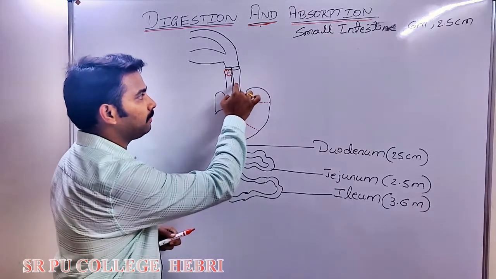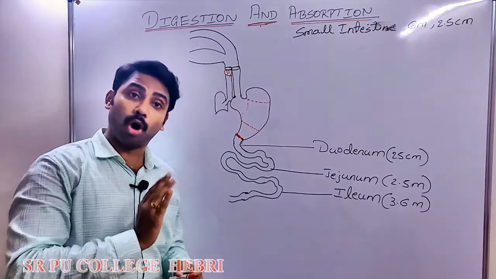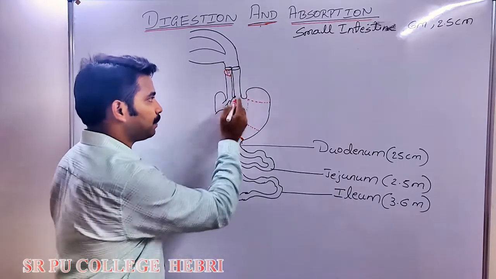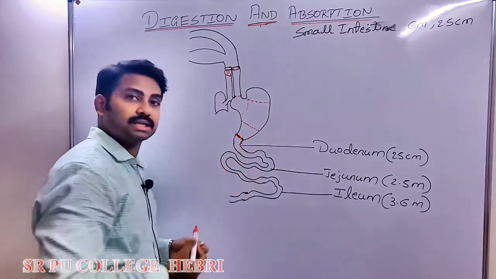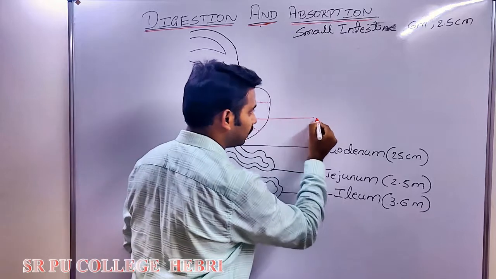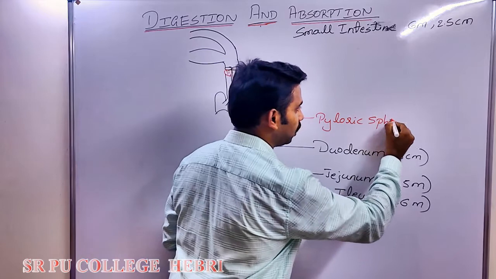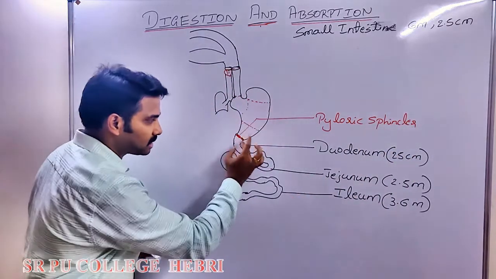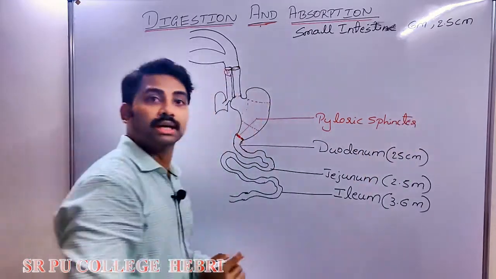The lower end between esophagus and stomach has the lower esophageal sphincter, or gastroesophageal sphincter, or cardiac sphincter. And between stomach and small intestine, the sphincter is called pyloric sphincter. Note down, it is a 1 mark question. Name the sphincter between stomach and small intestine. Your answer is pyloric sphincter.